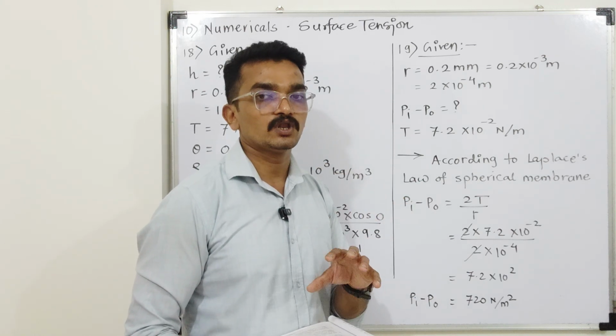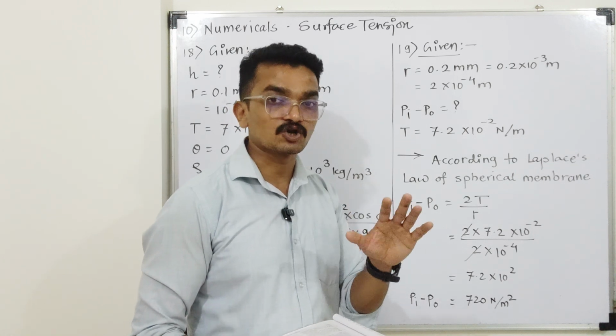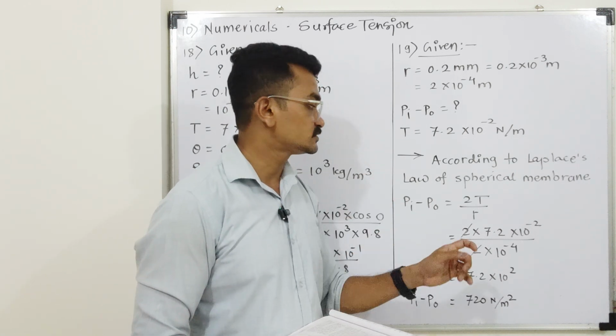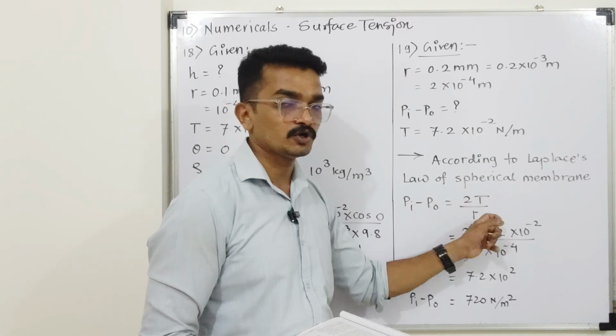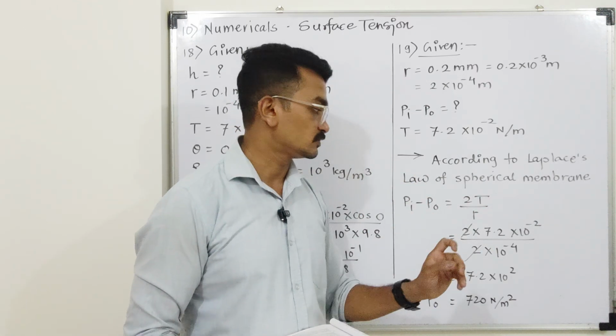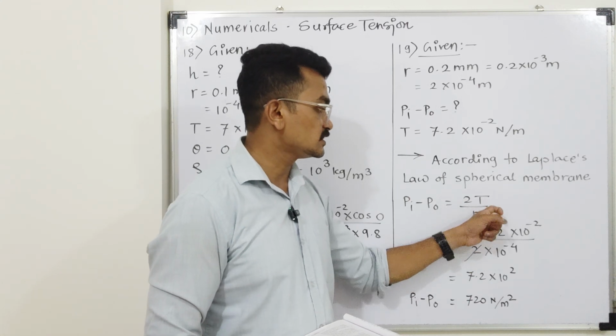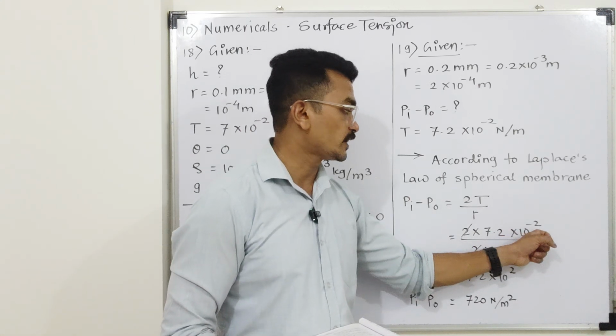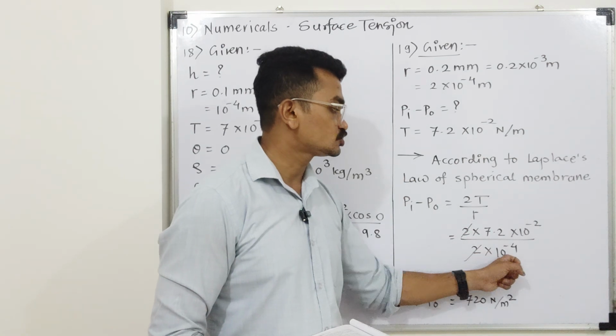So we'll take the formula for the drop instead of a bubble, and that formula is Pi minus P0 is equal to 2T upon r, because there is only one surface that is exposed to the air. So therefore 2 is as it is, T is 7.2 into 10 raised to minus 2, r is 2 into 10 raised to minus 4.